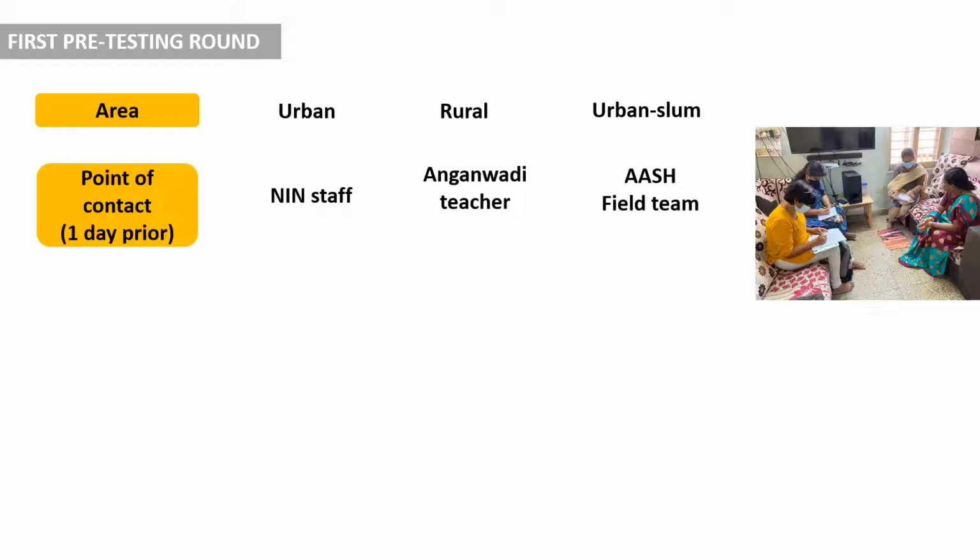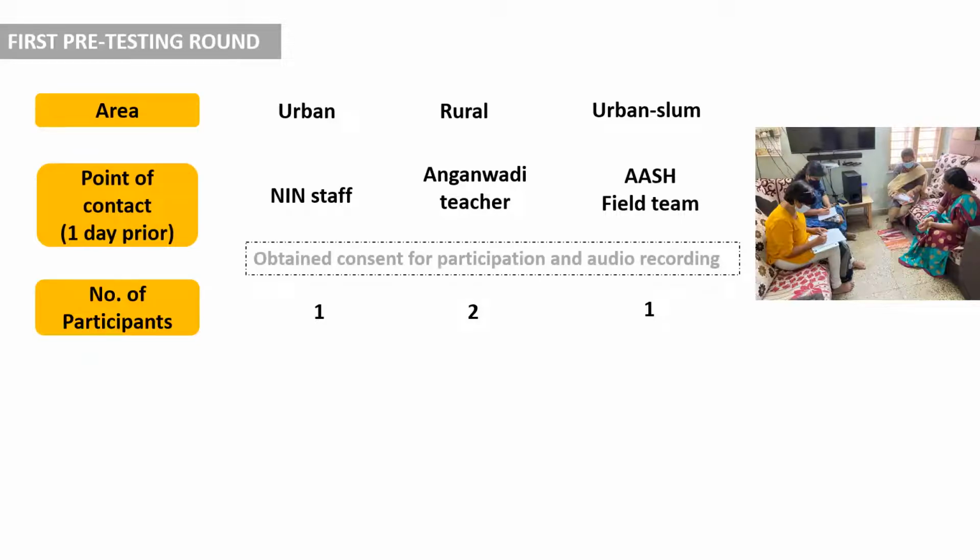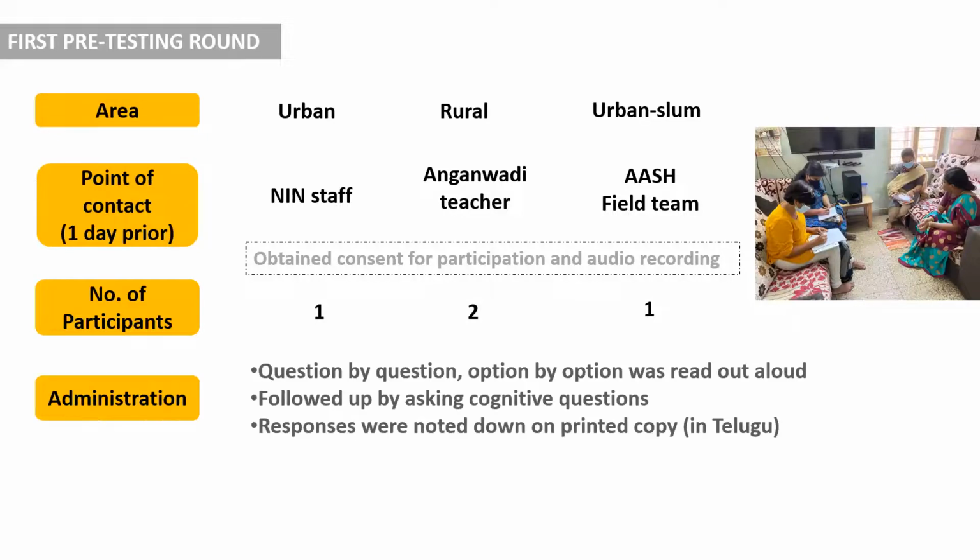To reach the households, we needed the help of Anganwadi teachers and the Stunting Hub field team in Hyderabad and also in one rural area. And we did one survey in NIN quarters itself. The number of participants was 4 in the initial round of survey. We took consent for participation and also for audio recording the entire discussion.